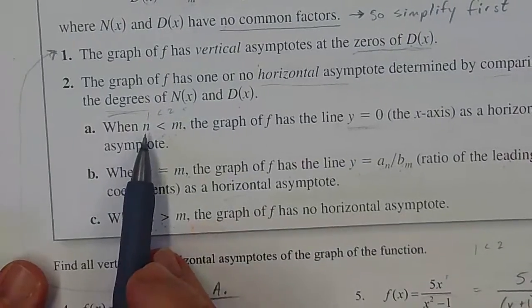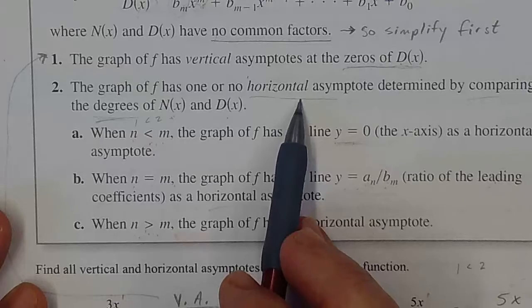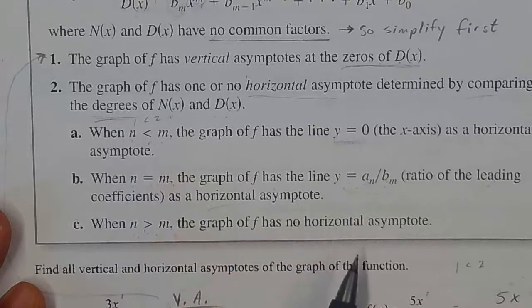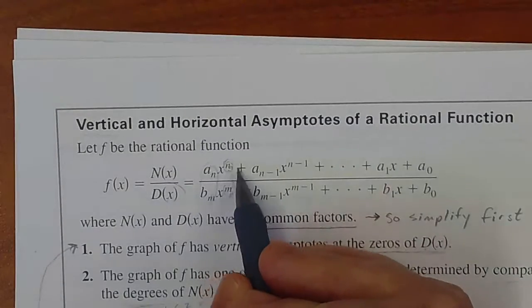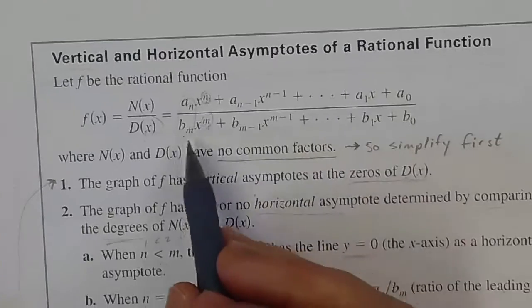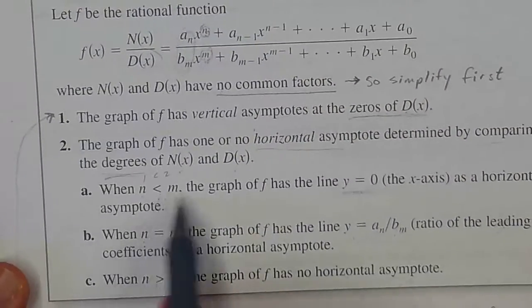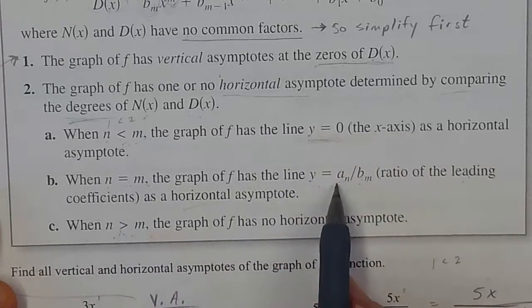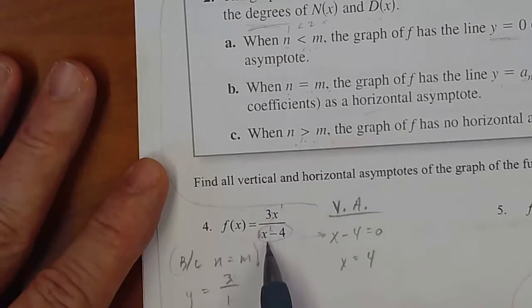For horizontal asymptotes, there's kind of 3 conditions, okay? It's all based on the degree, all right? So like I said, I'm not going to go through this in detail, but here's the 3 conditions. It's based on n, the degree of the numerator, and the degree of the denominator, m, okay? If it's lower than it, it's y equals 0 every time. If they're equal, you divide the leading coefficients, okay? So where was it equal at? Number 4. Degree 1 over degree 1.